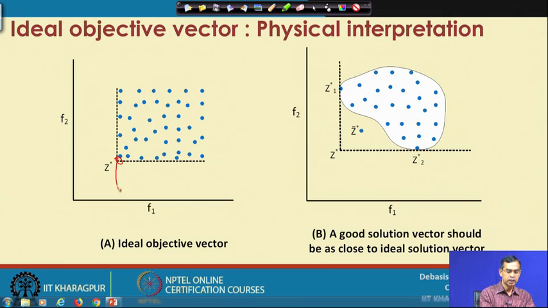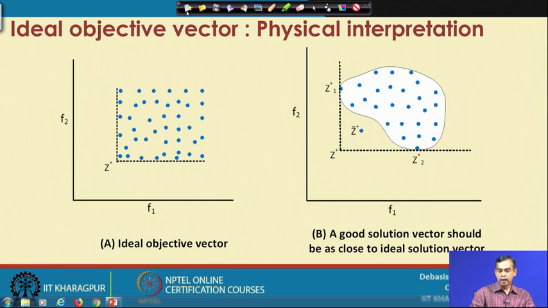If this is the solution, then f1 is minimum and f2 is minimum. If we consider any other solution, it does not simultaneously satisfy both; for example, f1 is not minimum, and f2 is also not minimum. So the solution point corresponds to the ideal objective solution, and the objective function values there are called the ideal objective vector.